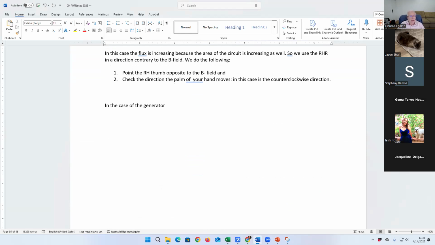Okay, in the case of a generator, the situation is the following. One, the direction of the area vector changes with respect to the direction of the B field, like that.